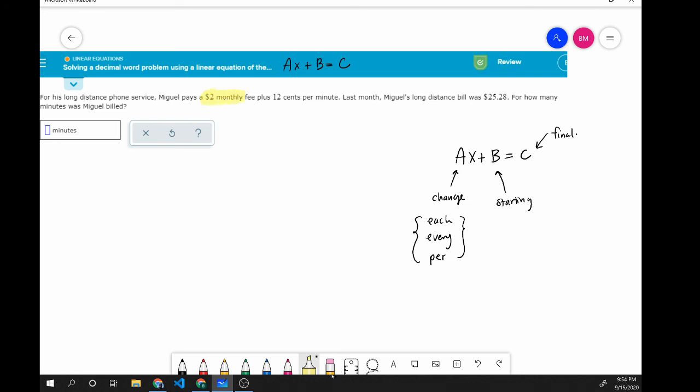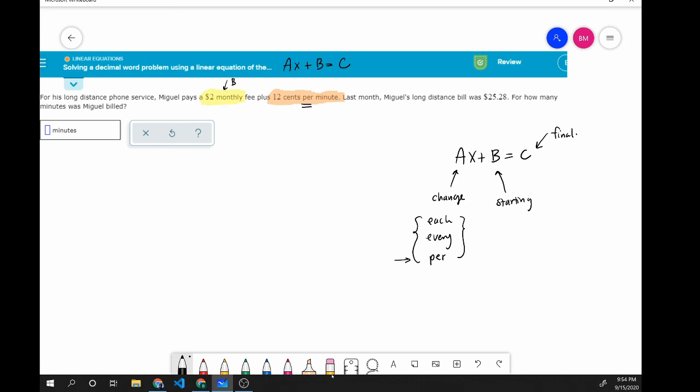Now you might think that's like every month or each month, meaning it should be A, but right here, 12 cents per minute. So there's our key word we're looking for, per. It's right there. So I know that's going to be the A value. So this must be the B value, or starting for the month. We're talking about 1 month, so $2 is our starting value.